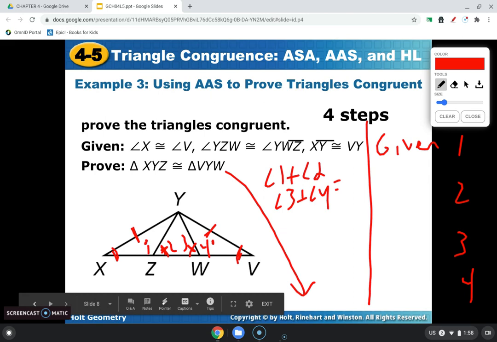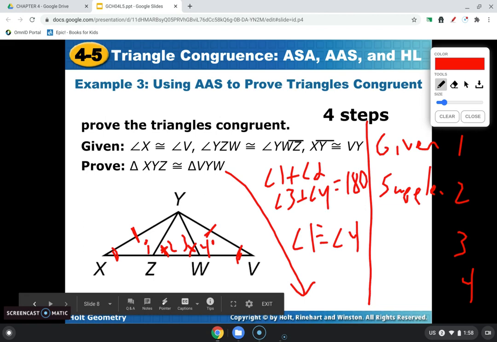Aren't those straight angles? So wouldn't both of those have to add up to 180? Okay, so they're supplementary angles or straight angles. Well, if 2 and 3 are the same and we both know that they both add up to 180, then 1 and 4 would have to be the same.